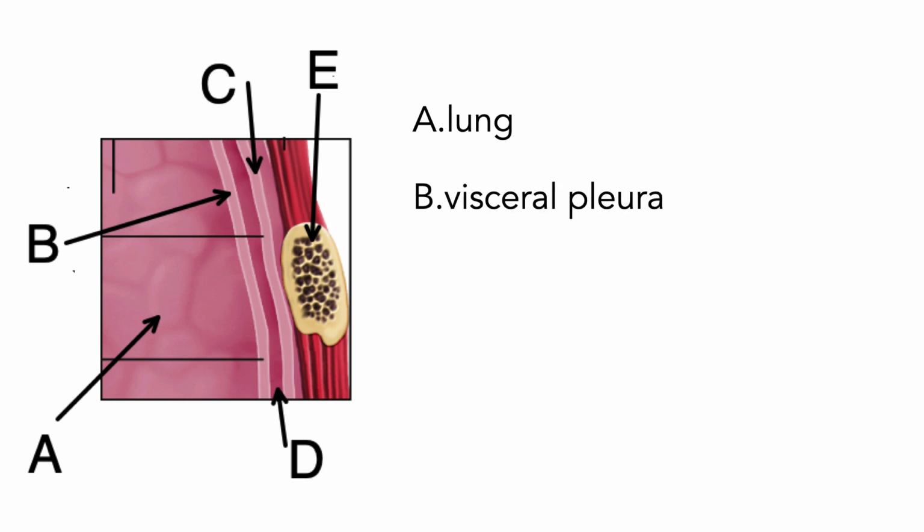B, you've got a lining that covers the surface of the lung, and visceral would refer to an organ, so visceral pleura. So the actual membrane is called a pleura, and visceral means that it's actually covering the surface of the lung itself.